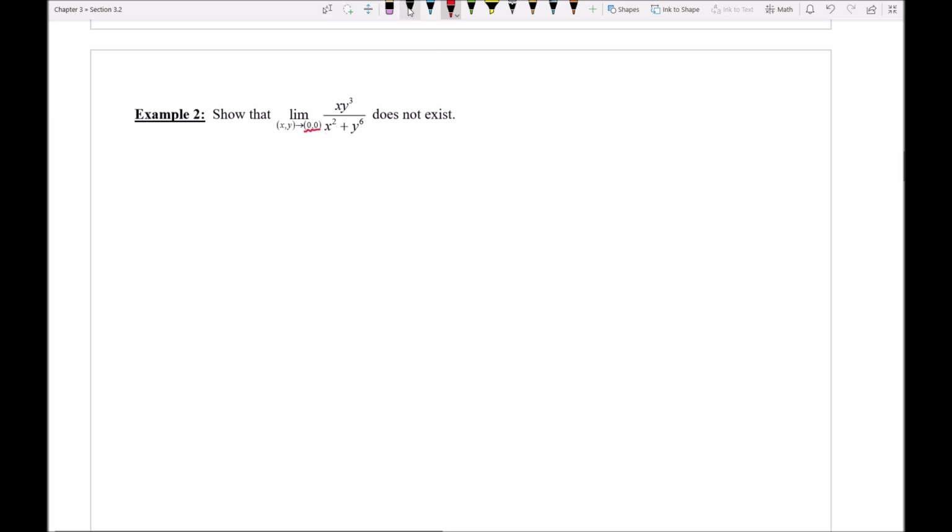And so what we need to come up with are some different possible paths that we could try to use to approach 0, 0. Remember here that when I'm drawing my x and y axes, this is really to help simplify this more complicated picture that we have occurring in 3 space.